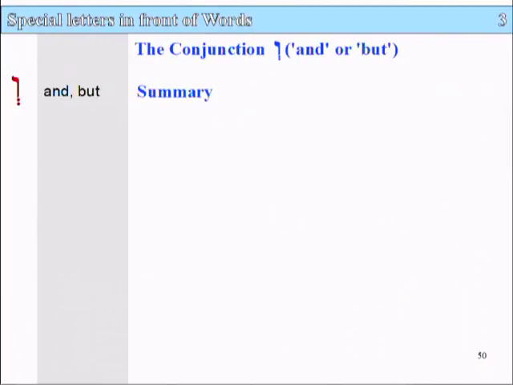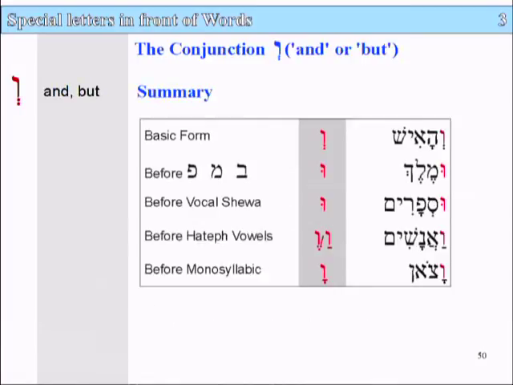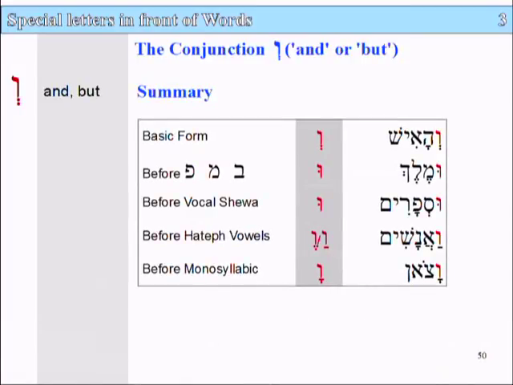Slide 50, lesson 3, special letters in front of words, the conjunction vav, summary. So to summarize, we have the vav in front of a word, it means and, and there's a number of different vowels associated with it, depending on what sort of word it is in front of and the vowels in the first letter of that word.